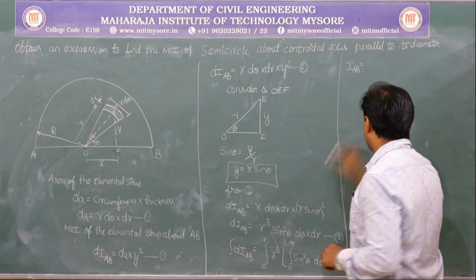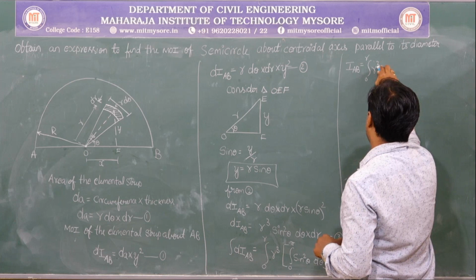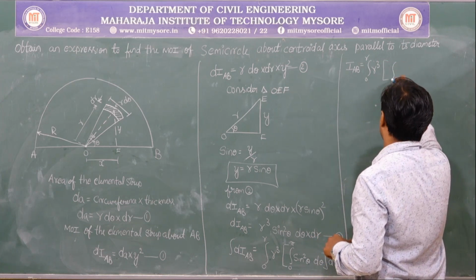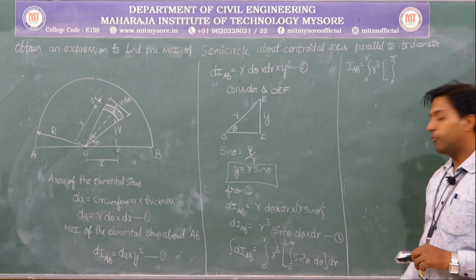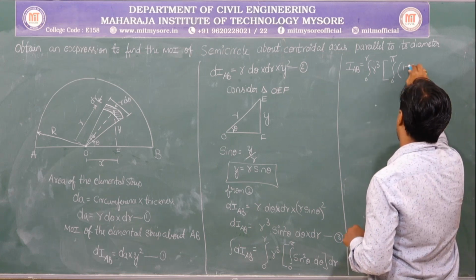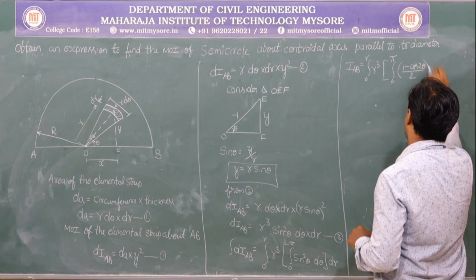For time being, I will leave r cube as it is, and I will do some alteration for the sine square theta. From trigonometric concept, can anyone tell me what is sine square theta? It is 1 minus cos 2 theta by 2. I think you people remember this formula.